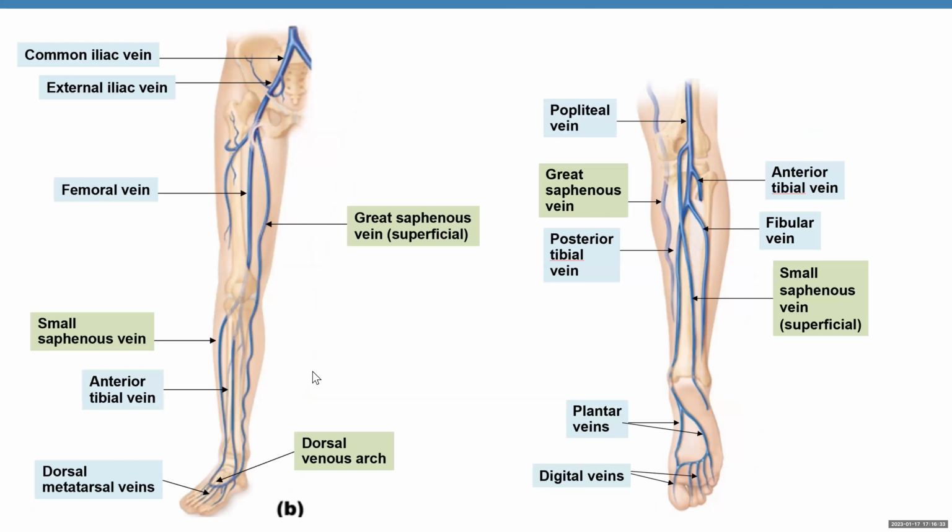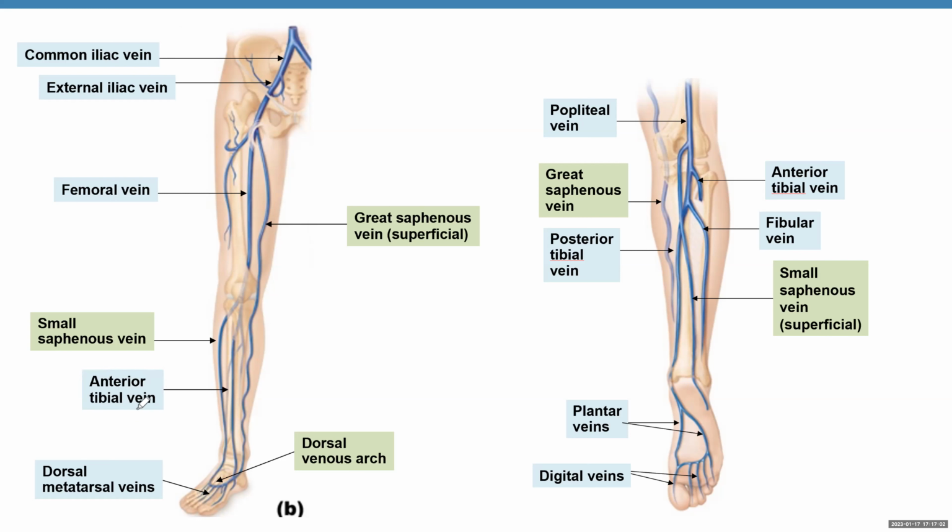And now we need to return blood back to the heart. Now, when you look at veins, we have more veins than we have arteries, because some veins are deep and some are superficial. Deep veins run along corresponding arteries and they have the same name. I used a blue color for names that are the same as the names of arteries.